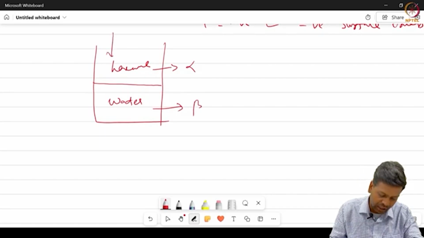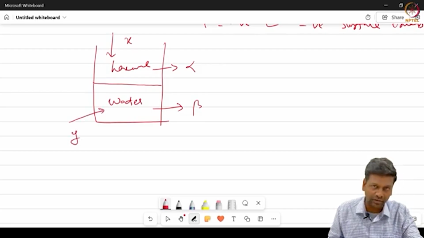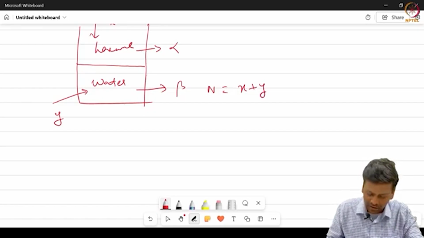Let us say I am now adding some x amount of surfactant type A and y amount of surfactant type B. Now, you might wonder what is going to be the total number of surfactants present in the solution. That is nothing but x plus y, right. But this is our expectation. Intuitively, our intuition will say that this is additive, but it is not the case.